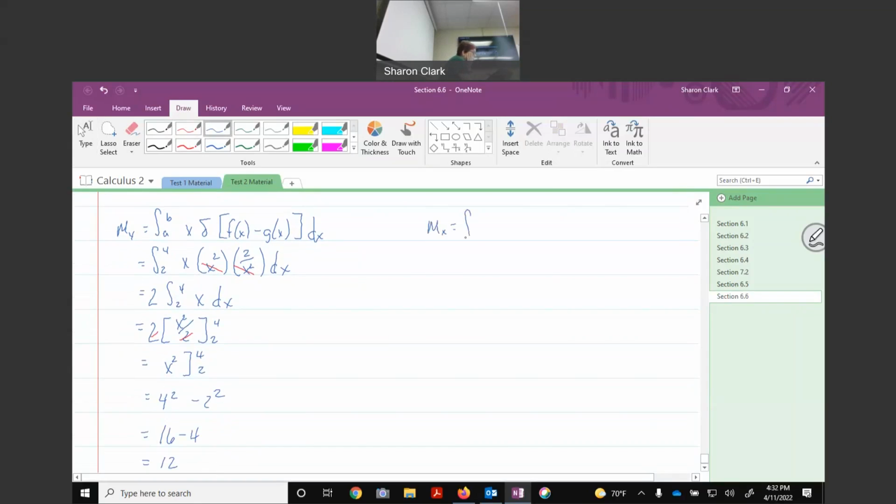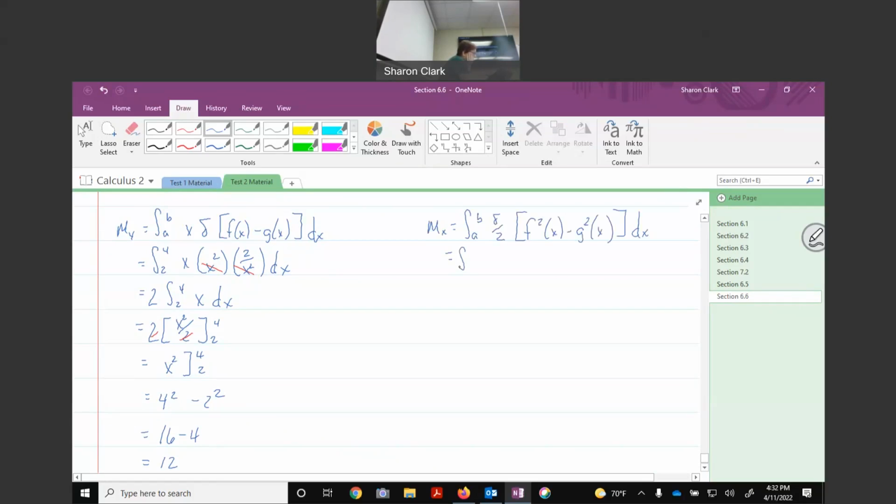Mx equals the integral from a to b of delta over 2 times f squared of x minus g squared of x dx.